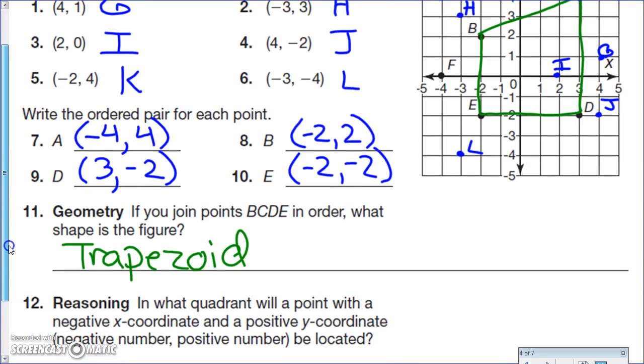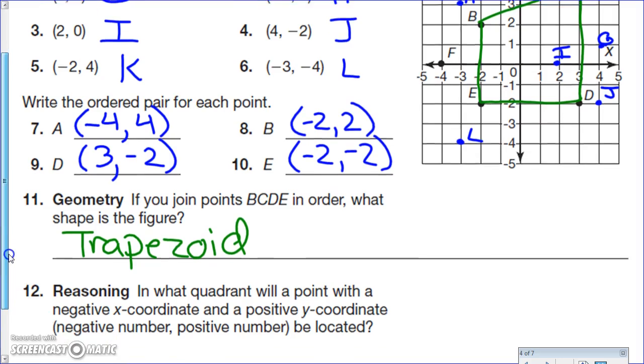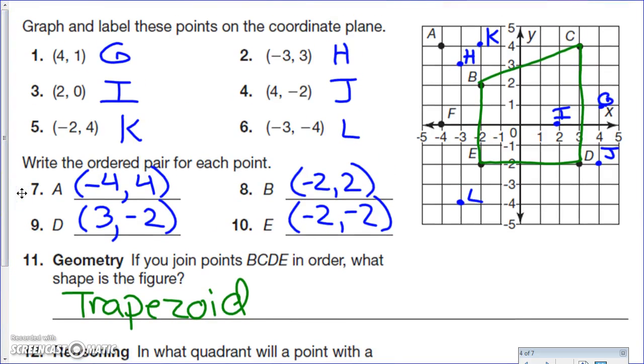For number 12, it wants us to find out in what quadrant will a point with a negative x-coordinate and a positive y-coordinate be located. So if we look up here, our negative x is to the left and our positive y is up. So we know it's going to be the top left quadrant, but it wants to know what number quadrant it is. So we know the quadrants start numbering with number 1 being positive, so it's the top right.